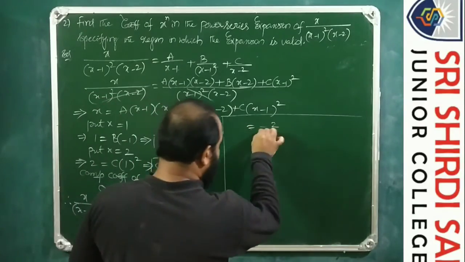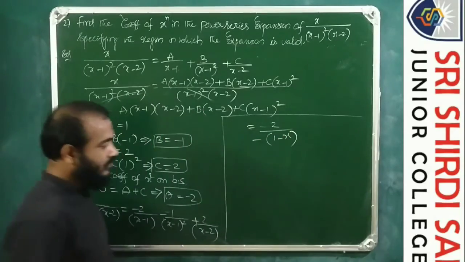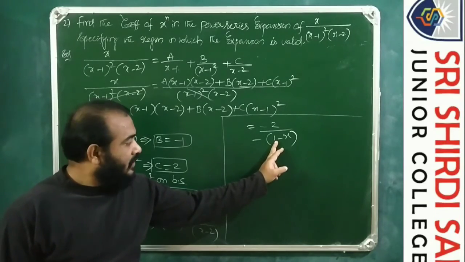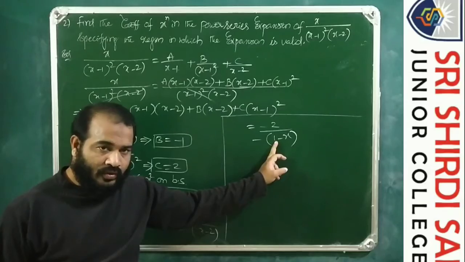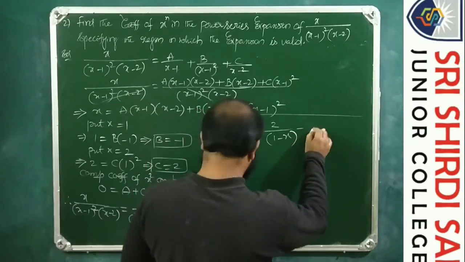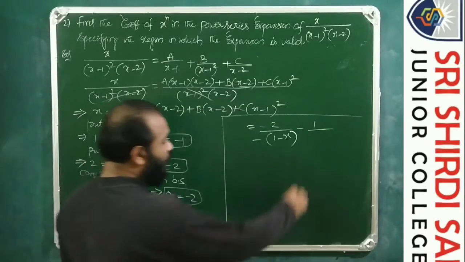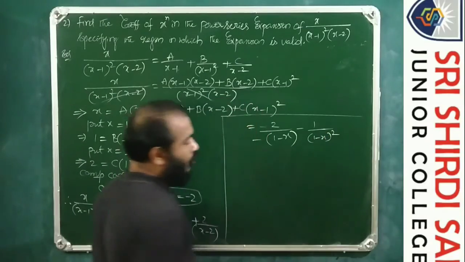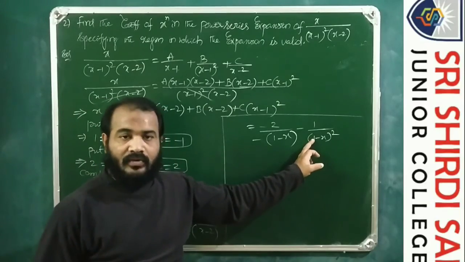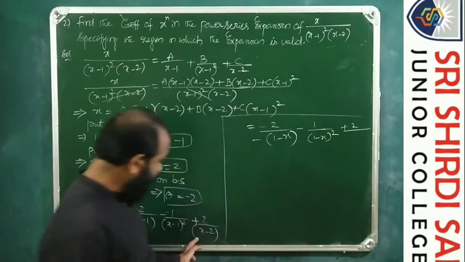Minus 2 by (x minus 1) can be written as minus 2 by minus of (1 minus x), because I want the constant term, and that too 1, here. Instead of (x minus 1) whole square, can we write it as (1 minus x) whole square? Because (a minus b) whole square equals (b minus a) whole square, and we want 1 here. This is plus 2 by (x minus 2).